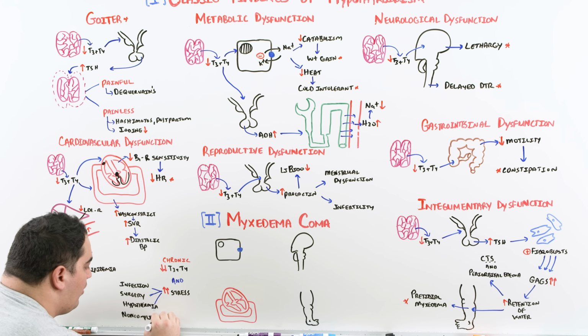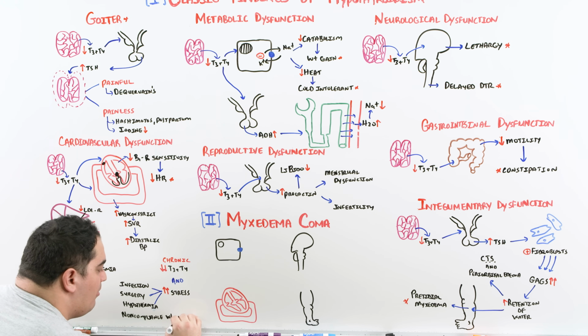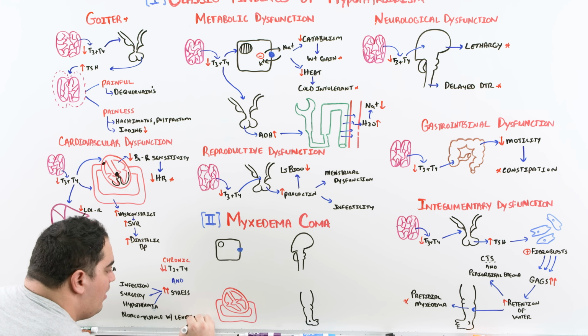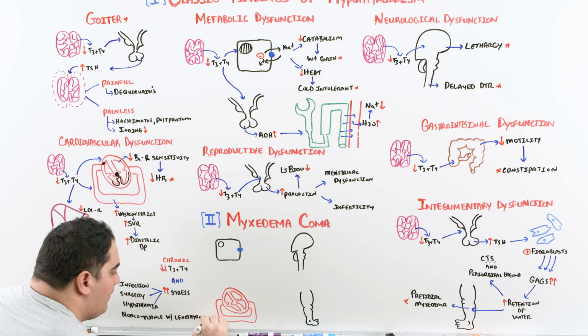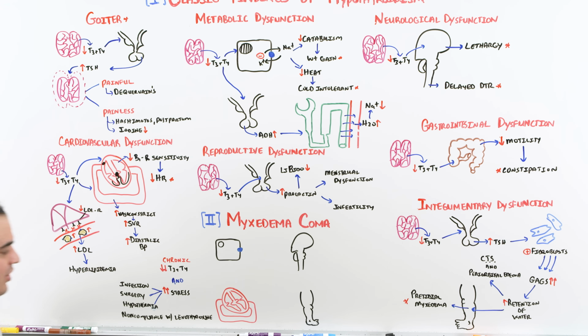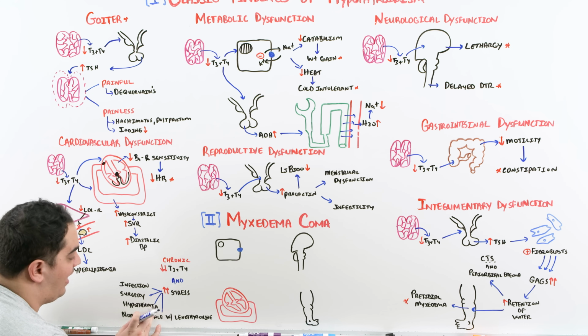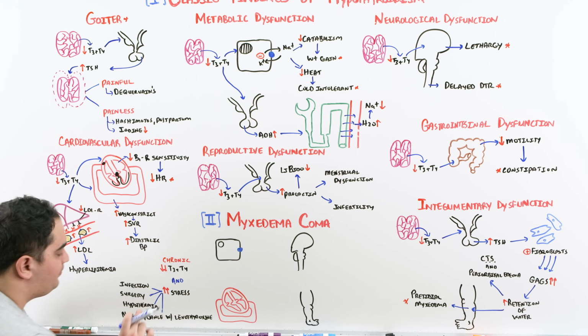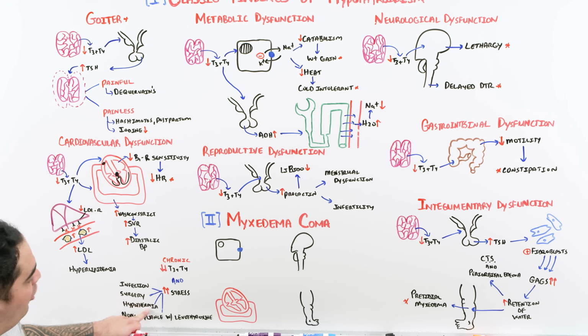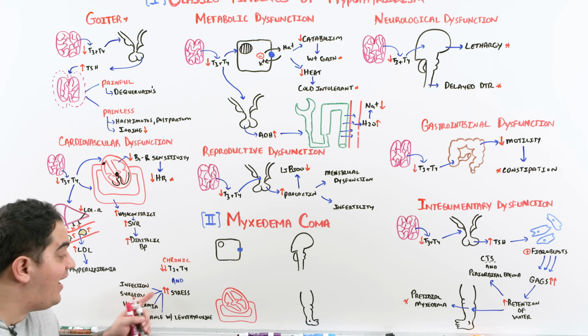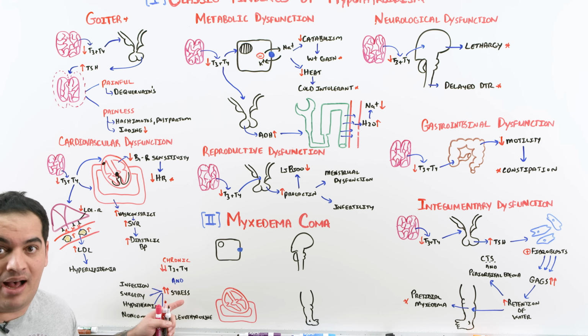with thyroid meds. We're going to put the most common thyroid med here as levothyroxine. So if a patient is either non-compliant with their levothyroxine that they're supposed to be taking for their hypothyroidism, and they say, I'm not going to take it, or if they have hypothermia, recent surgical procedure, or severe infection, this puts an insane amount of stress on the body.